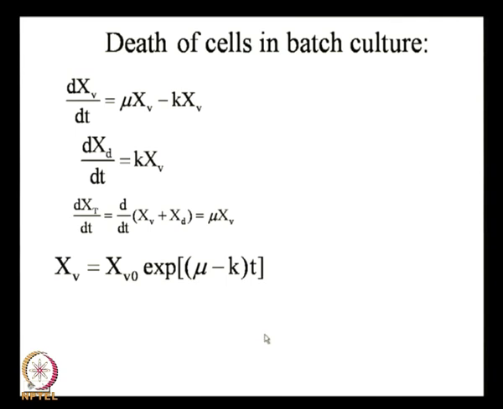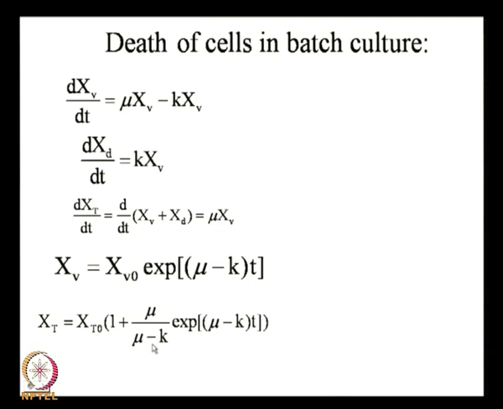So x_v is x_v0 times exponential of (mu minus k) times t, right from the first equation, very straightforward. And x_t is this. How do you get this? You just solve for x_v, put it into this equation, and then you can directly solve for x_t. So this is what we get here.